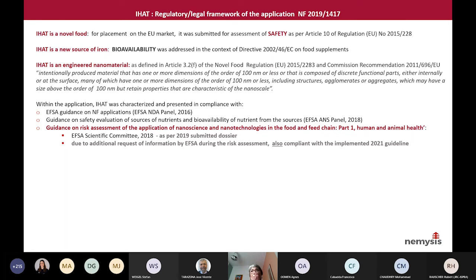IHAT is a new source of iron, so we had to demonstrate bioavailability in the context of Directive 2002/46 on food supplements, and IHAT is an engineered nanomaterial according to the definition of the regulation, intentionally produced for having one or more dimensions in the order of 100 nanometers or less.